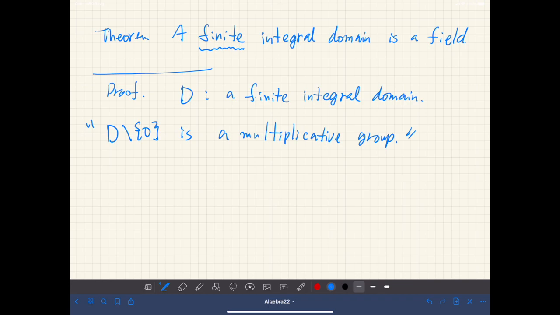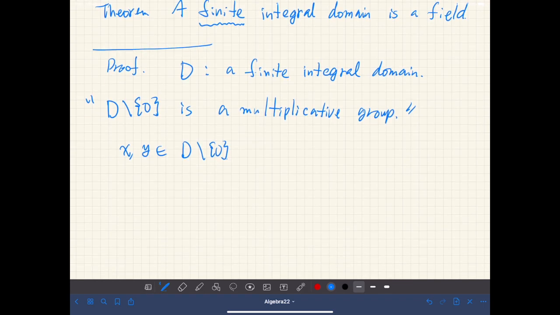To show this, first we need to show that it is closed under multiplication. So if x and y are elements of D minus 0, then xy is not equal to 0, right? Because x is not 0, y is not 0, and since D is an integral domain, there are no proper divisors of 0.